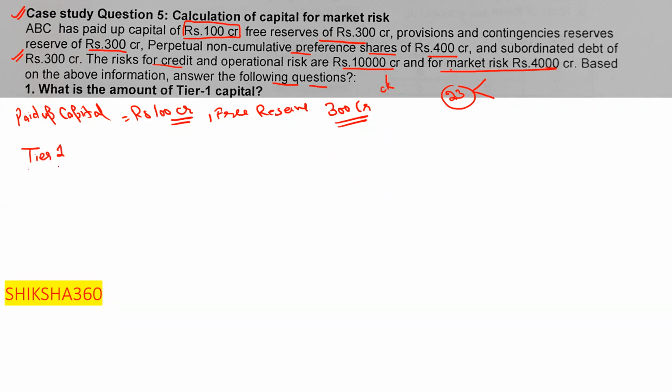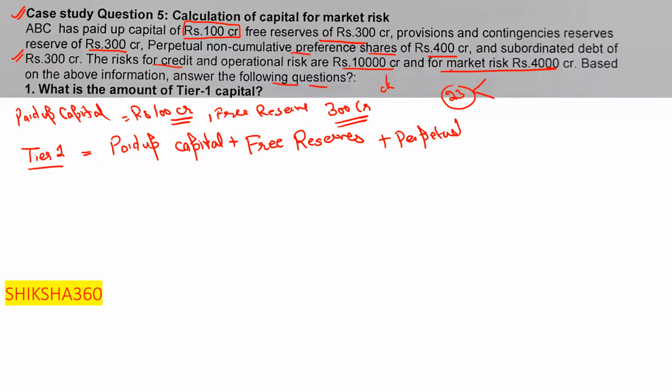Tier 1 capital is equal to paid up capital plus free reserves plus perpetual non-cumulative preference shares. As per the given information, these three things are included under tier 1.